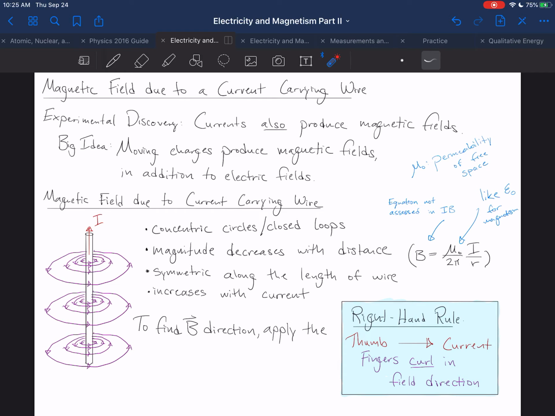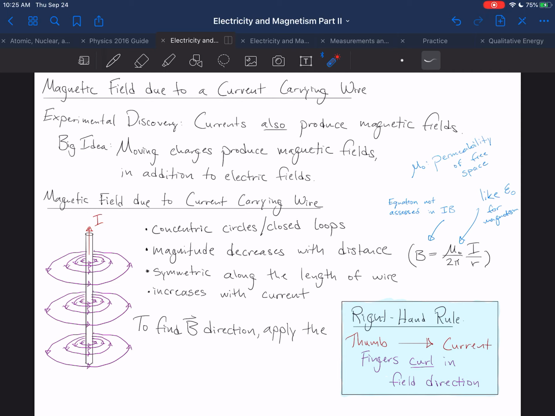But here's the one that I'm going to give for magnetic field. You take your right hand and point your thumb in the direction of the current. If your thumb is in the direction of the current, then the fingers of your right hand will curl in the field direction.